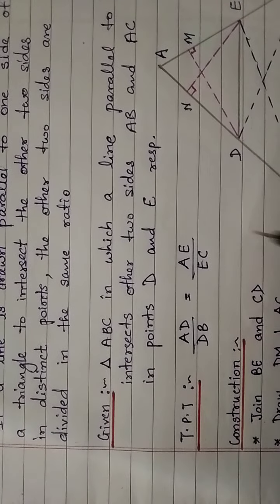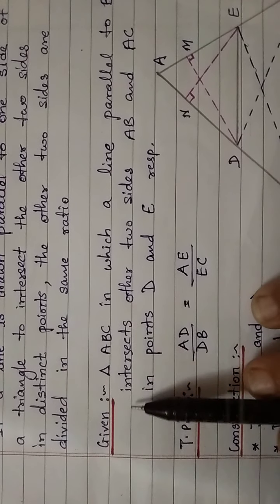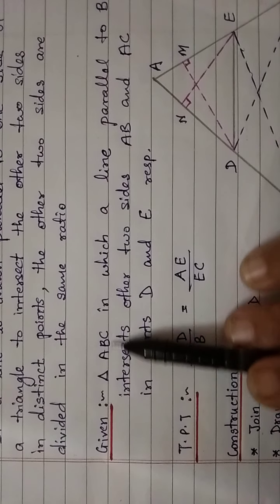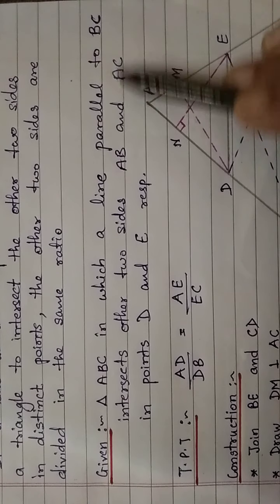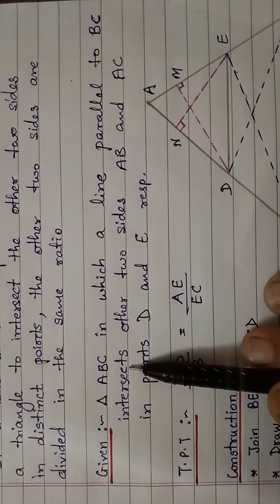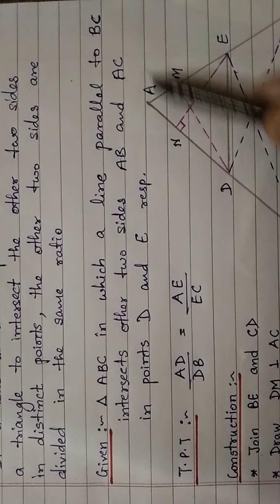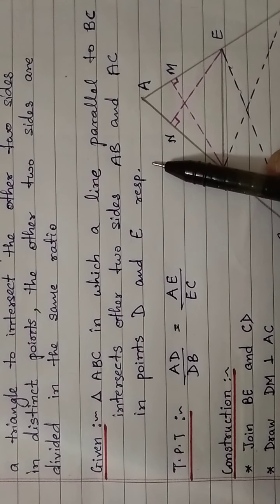Then the theorem says that this division, that is AD upon DB, is equal to AE upon EC. So in any theorem, whenever we want to prove something, we first write what is given. What is given here? The triangle ABC is given, in which a line parallel to BC intersects the other two sides AB and AC in points D and E respectively.